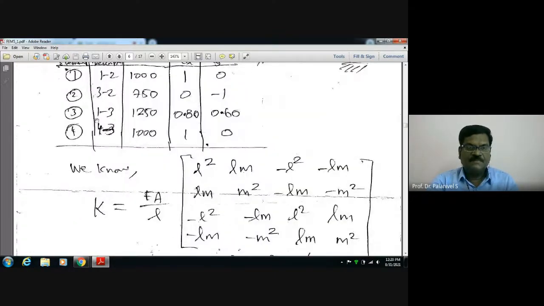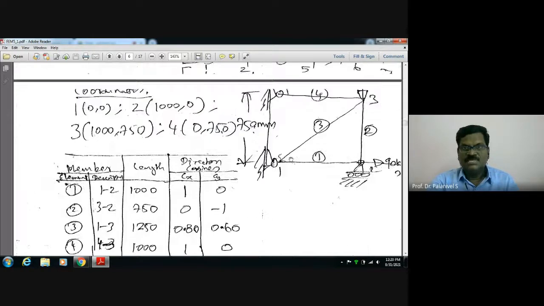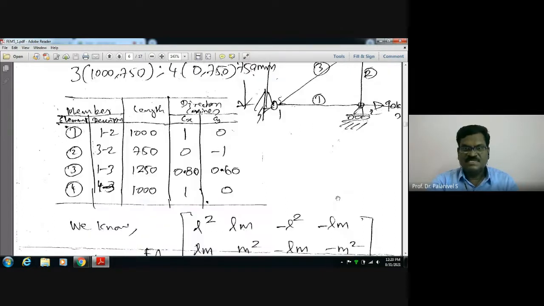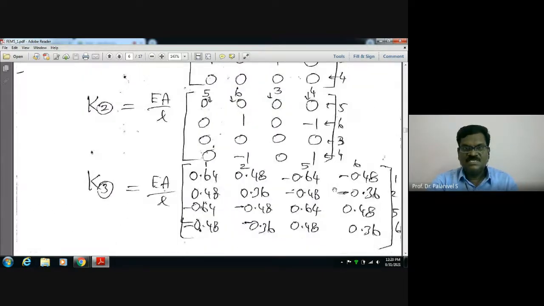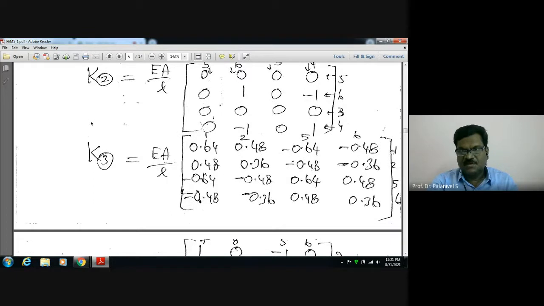For the third element, the degrees of freedom are 1 2 5 6. Put the arrow here and write 1 2 5 6. Similarly, here also put the arrow and write 1 2 5 6. The degrees of freedom are written.